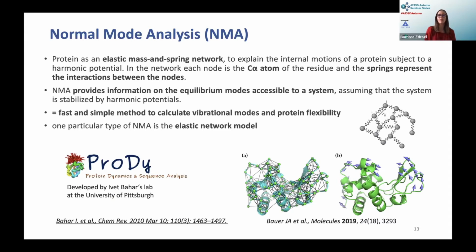This is a very nice method to calculate these vibrational modes and the protein flexibility. We have been using the software ProDy, a very nice software package that I can only recommend, by Ivet Bahar's lab, a collection of Python scripts. Our aim was really to base this only on open source software.